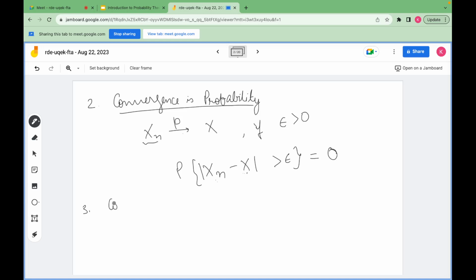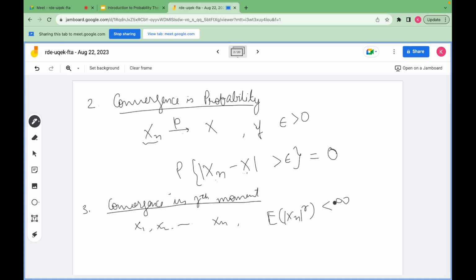Third is convergence in rth moment. So we will consider some sequence of random variables such that the expectation of Xn to the power r is a finite quantity. Okay, this expectation in rth moment will exist.